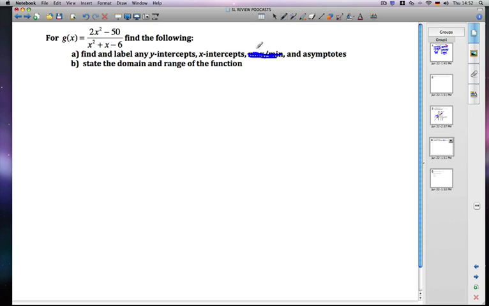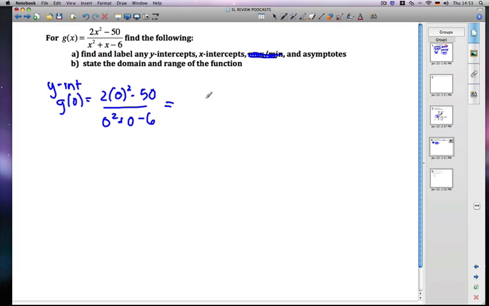Okay, Mr. Curtis, what do you think? Good. Starting with the y-intercept, we know the y-intercept has an x value of 0. So if we put 0 into the g function, g of 0, and simply evaluate it, we will get the y-intercept.